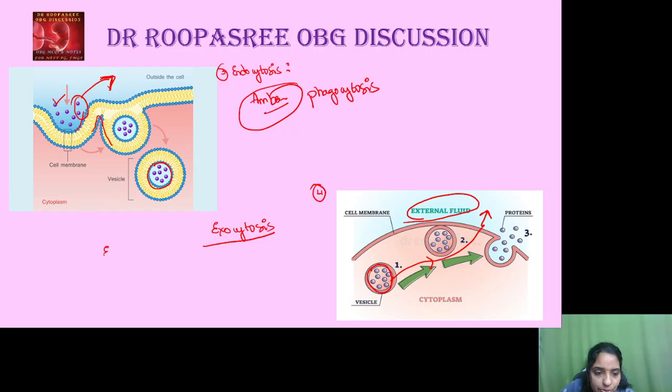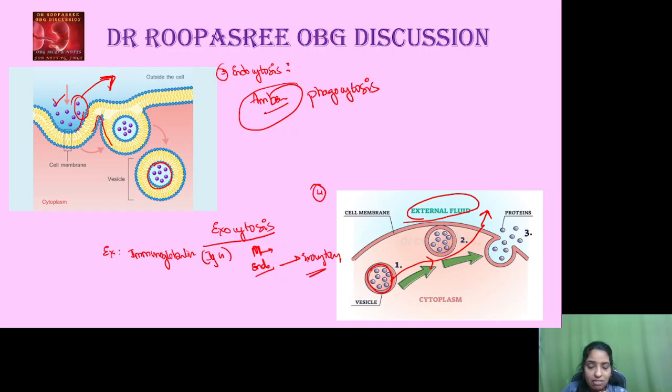For example, immunoglobulins like IgG, IgM enter from the mother through the process of endocytosis. After entering into the fetus, it becomes exocytosis. Initially there is a process of endocytosis, it enters the vesicle, and from there it enters the fetus through the process of exocytosis.